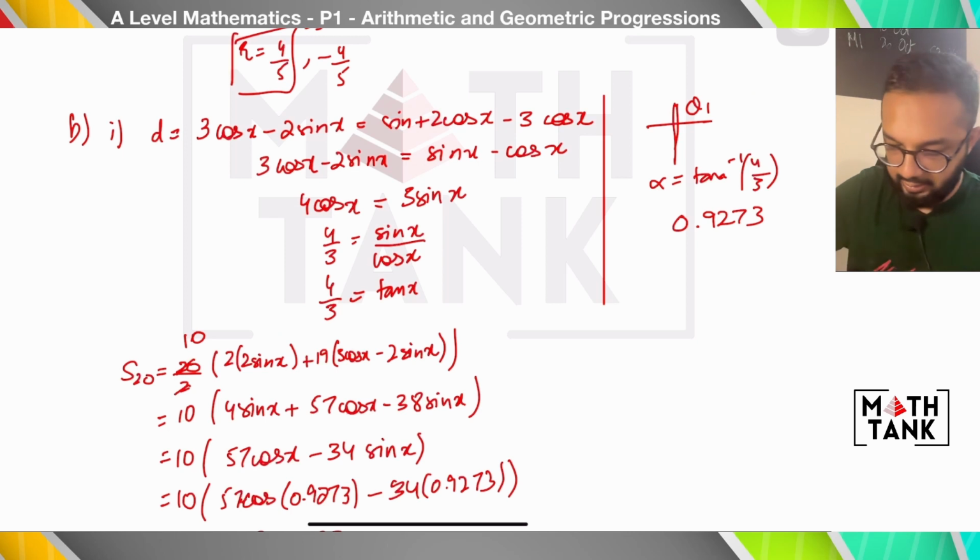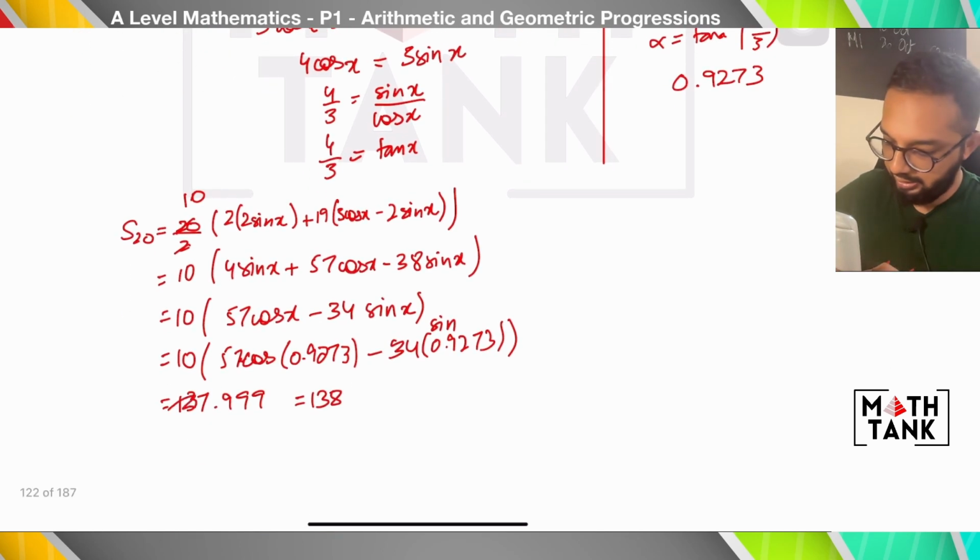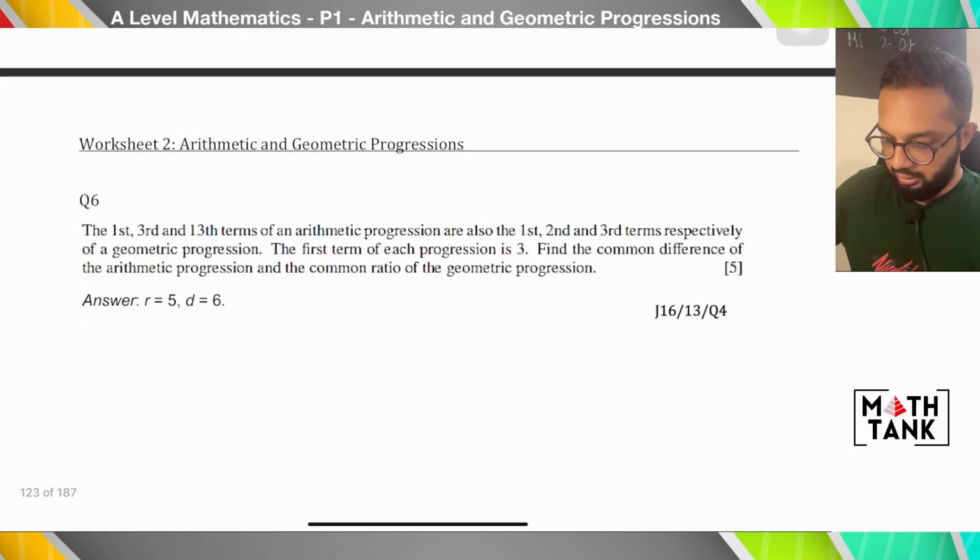This isn't cos, it's sine, which messes up my answer. So 57 cos 0.9273 minus 34 sin 0.9273. Yeah, that gives me 69.999, and that is 70. Okay, on to the next question.